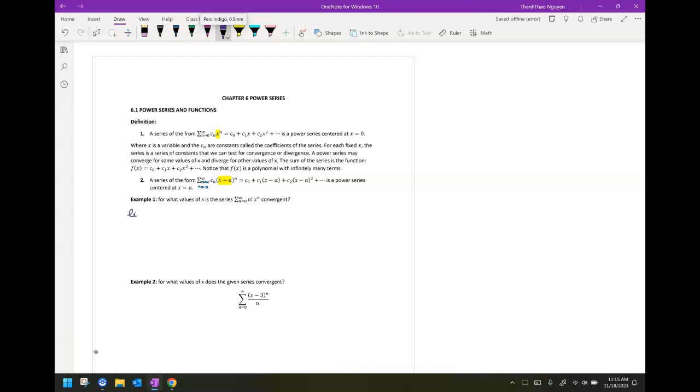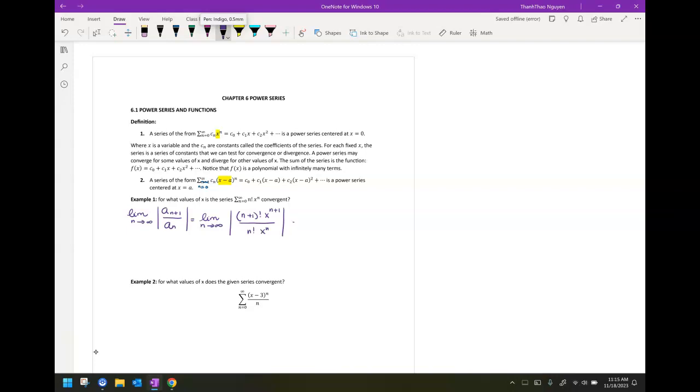The limit as n approaches infinity of the absolute value of a sub n plus 1 divided by a sub n is the limit as n approaches infinity of (n plus 1) factorial times x to the n plus 1 divided by n factorial times x to the n.